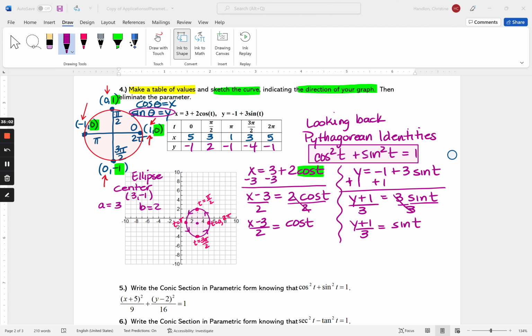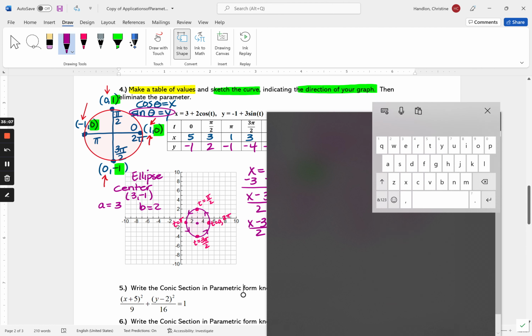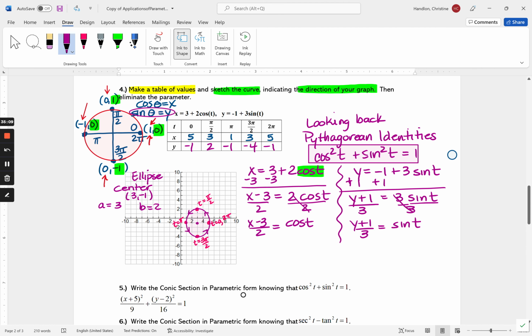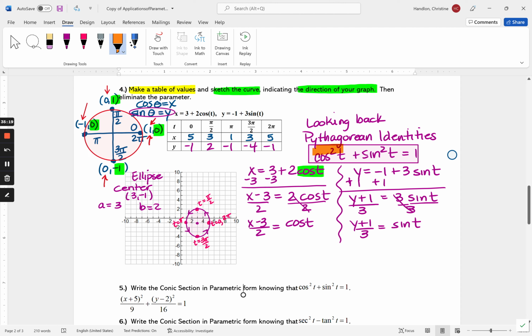Now that I know what cosine and sine are, I am going to substitute them back into my Pythagorean identity. I had wanted cosine squared t, but here they're giving me cosine t. I need it to be squared. So I'm going to take this and raise it to a power of 2, and raise this to a power of 2.